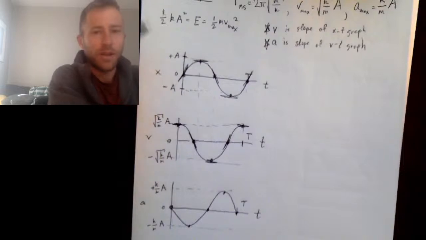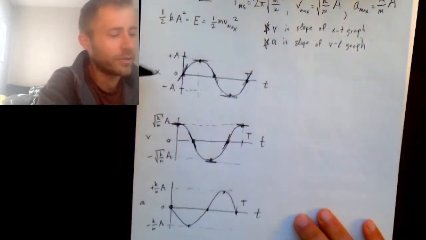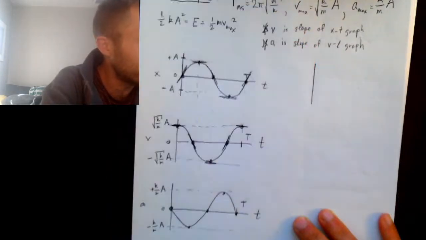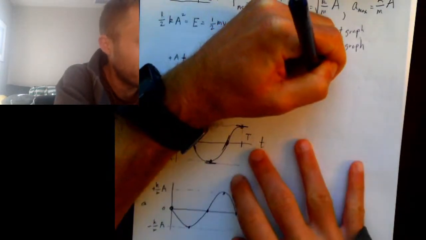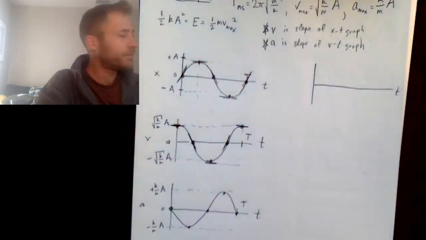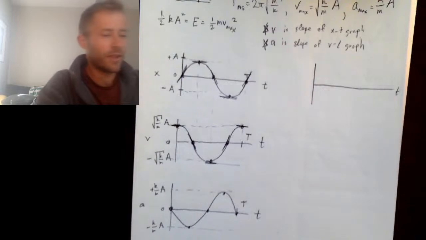The first graph I like to draw next to the position graph is the potential energy versus time. And I want the period to be the same.